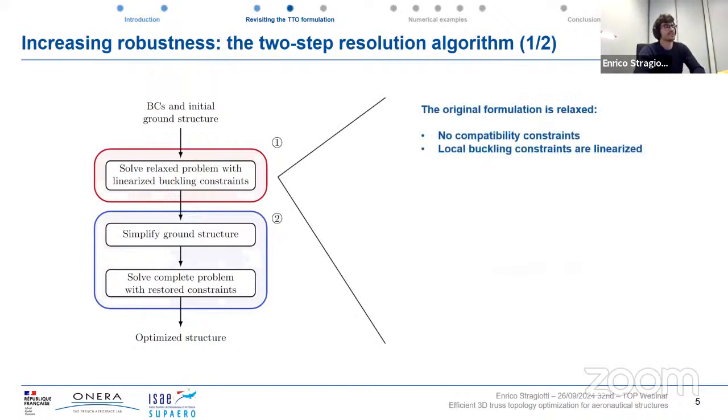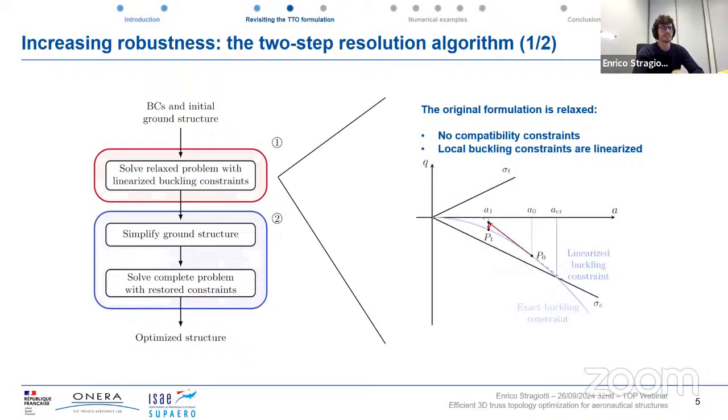If you want to go a little bit more into detail, the original formulation is relaxed by not taking into account compatibility at the beginning, and also by linearizing local buckling constraints, as we can see here on this image, in which the quadratic local buckling constraint is linearized.